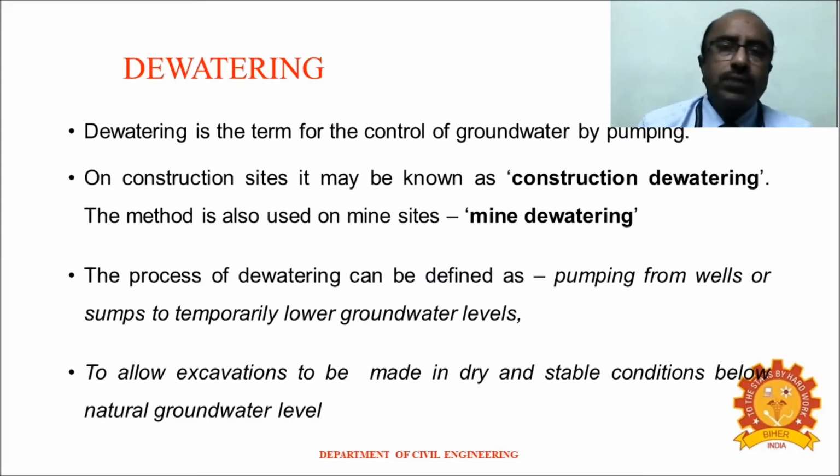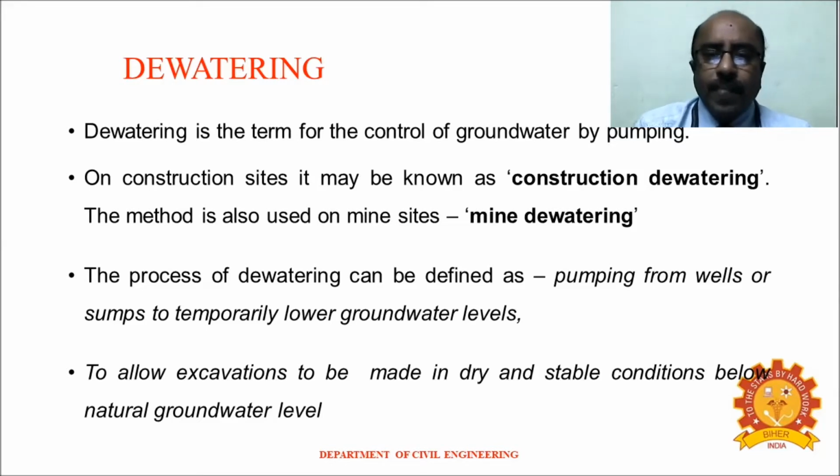Dewatering. What is dewatering? Dewatering is a term for control of groundwater by pumping. On construction sites, it may be known as construction dewatering, whereas in mines, it is called mine dewatering.